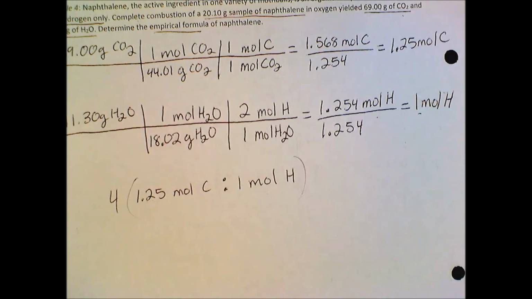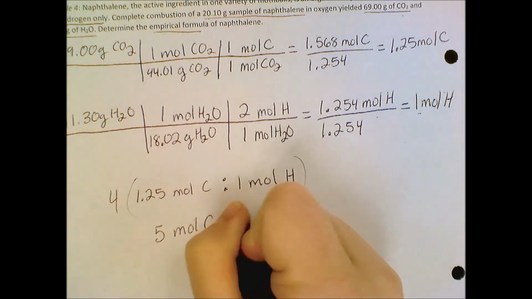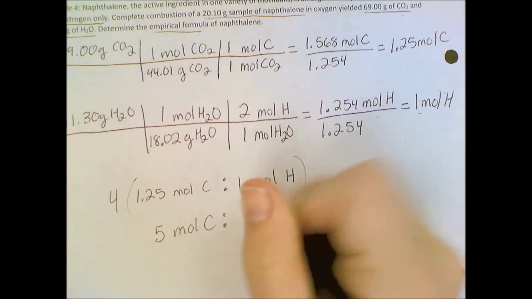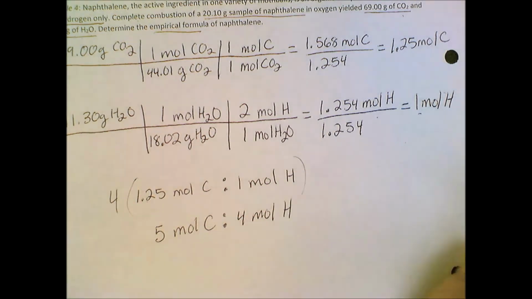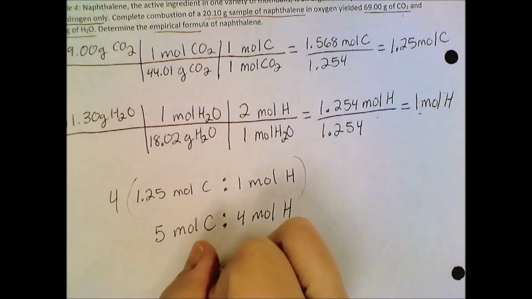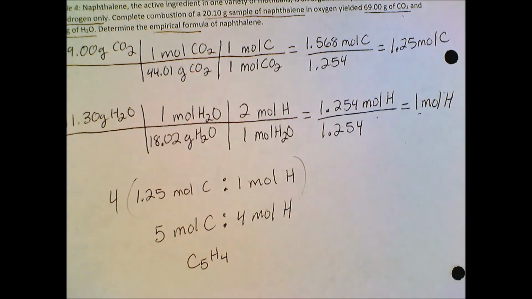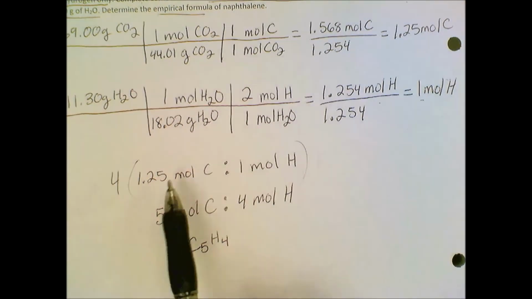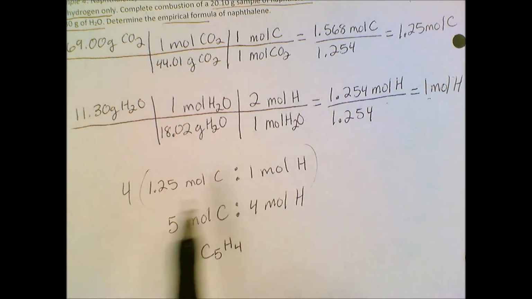So 1.25 times 4 gives us 5 moles of carbon. For every 4 times 1 gives us 4 moles of hydrogen. So there's our ratio, 5 to 4. So we can write our formula C5H4.